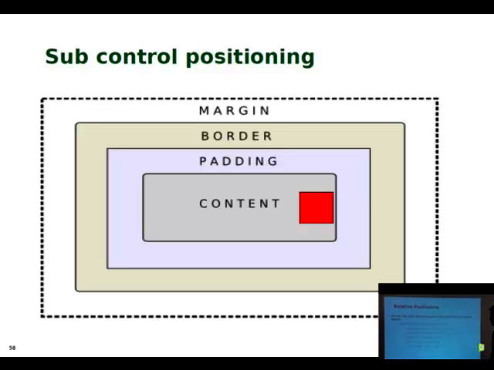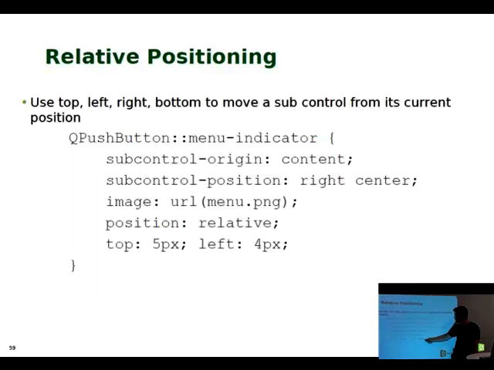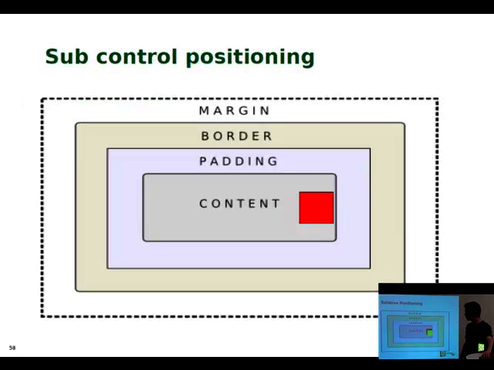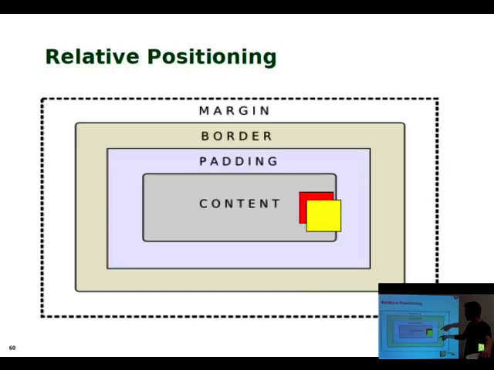If we set a position relative of top 5 pixel and left 5 pixel, and we set the subcontrol origin to the content, then we will have the subcontrol positioned just 5 pixel and 5 pixel relative to its normal content.